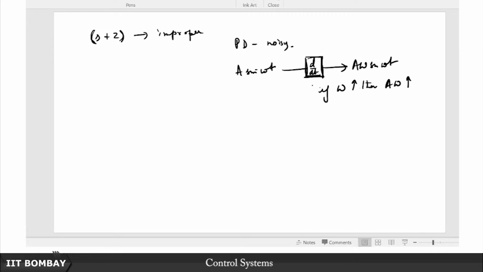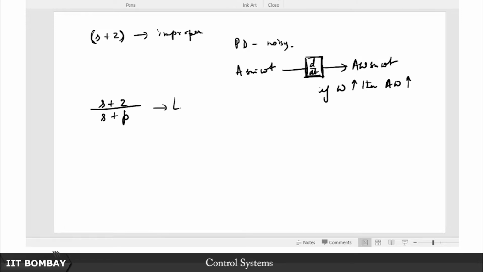So there is more than one reason to go from this PD block to this lead compensation. What does a lead compensator have in addition to a zero? Quite simply, it has just another pole that is strategically placed.